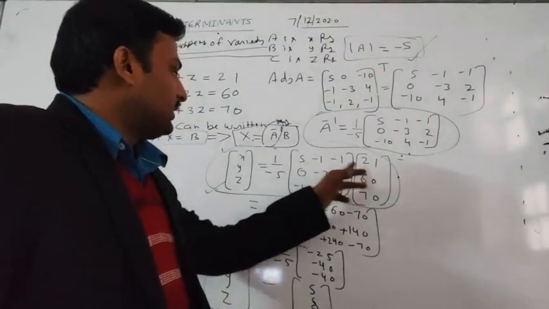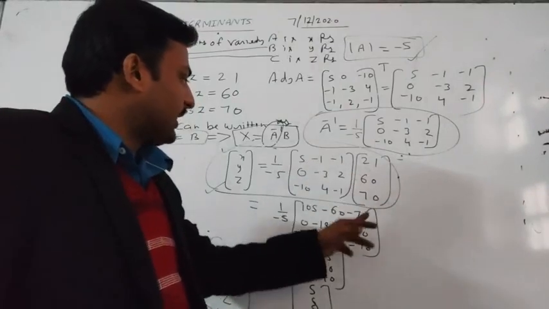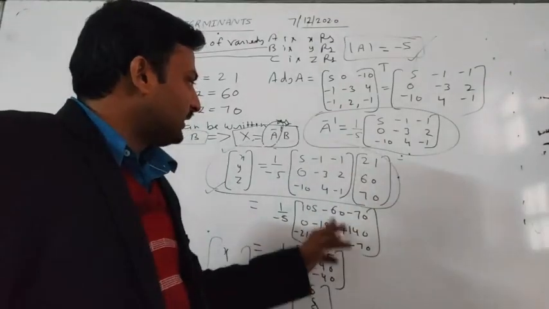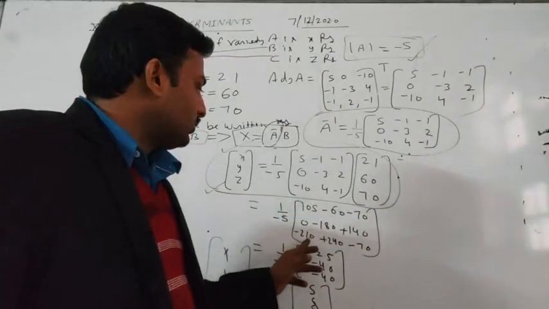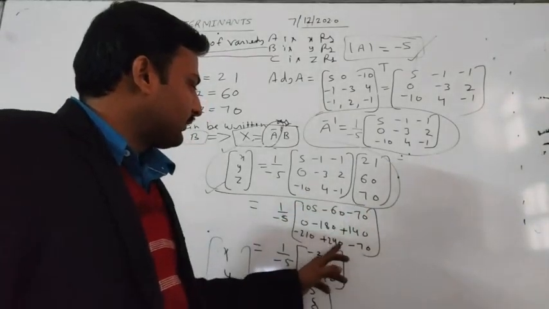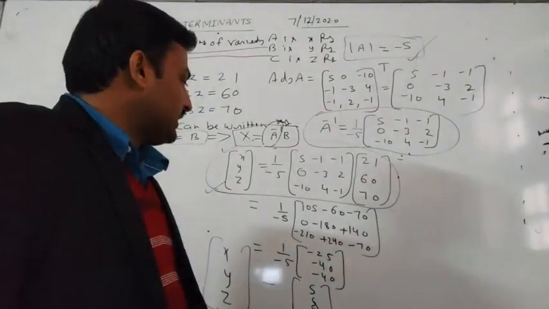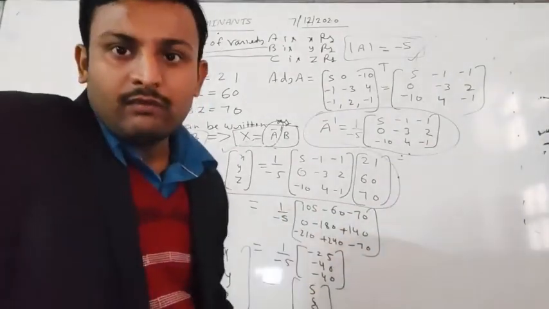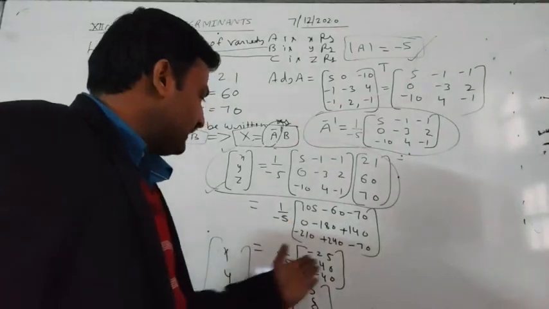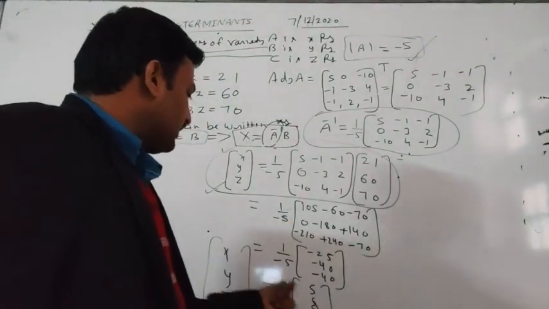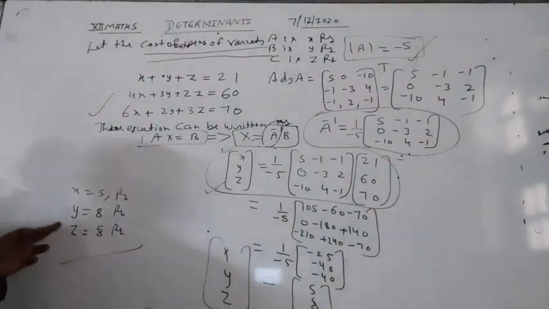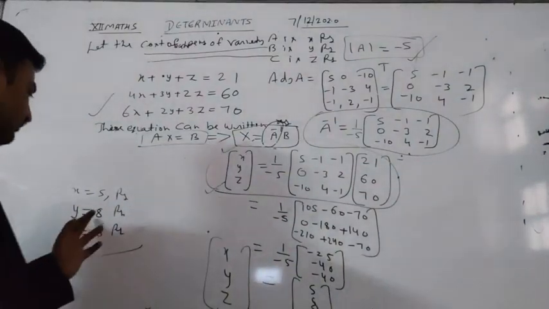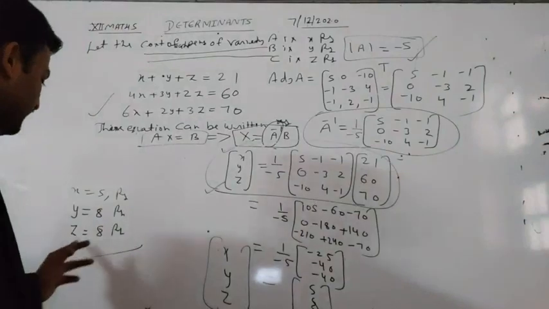So it will be 105 minus 60 minus 70, 0 minus 180 and 140, and now 210, and this is 240 and minus 70. After adding this, we will multiply by minus 5 inside. What are we getting? 5 8 8, which is x, y, z. So we are getting from here x is 5, y is 8, and z is 8.